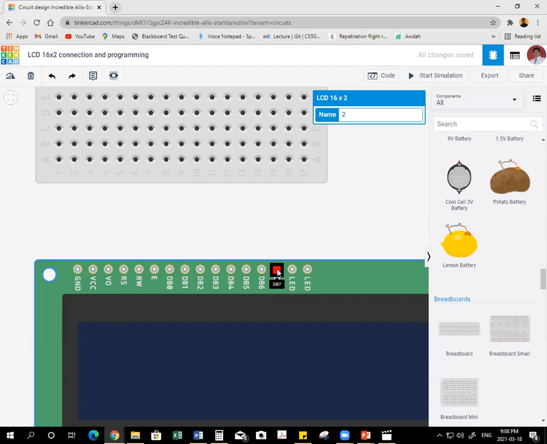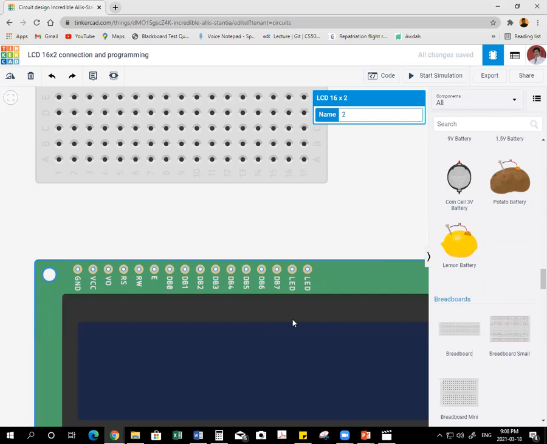Among these 8, you can take any 4, or generally we take 7, 6, 5, 4. These 4 pins are used to display something on the LCD. No need to connect all 8 data pins. You can connect 7, 6, 5, 4 or 3, 2, 1, 0, up to you. In the program you have to write the pins you used, that's it.